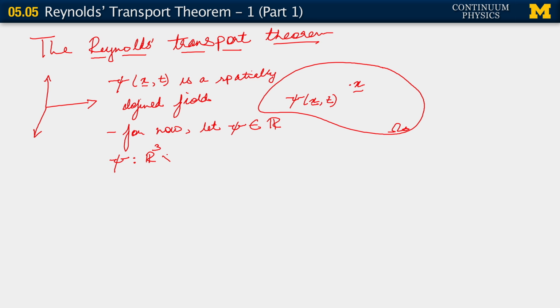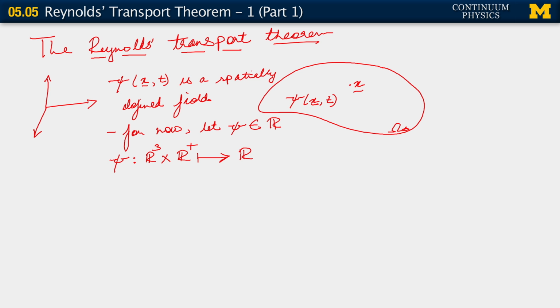So it's a map from R3 cross R plus, because R plus is the domain over which time extends, right? The positive real numbers. Okay, so it's a mapping from R3 cross R plus to R, and this final R that I've written after the mapping symbol is because psi is a scalar, right? It can take on real values. All right, so that's the sort of setting we have.